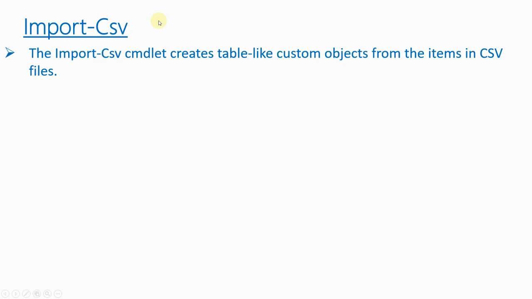But if the file is already available in the system and we want to import that file into PowerShell and use it as an object, then we can use the commandlet called Import-CSV. This commandlet creates table-like custom objects from items in a CSV file. Whatever items the CSV file contains, that data will be converted into custom objects.